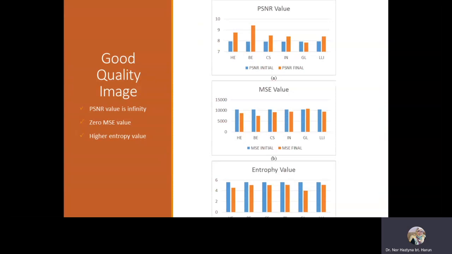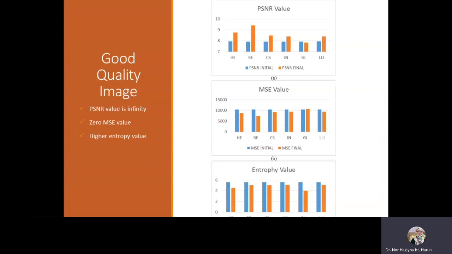To evaluate the performance of the methods applied, we use PSNR, MSE, and entropy. For a good quality image, supposedly the PSNR value is infinity, with 0 MSE value and higher entropy value.